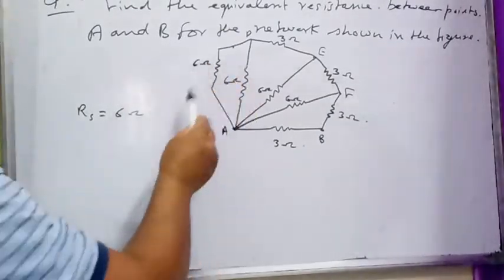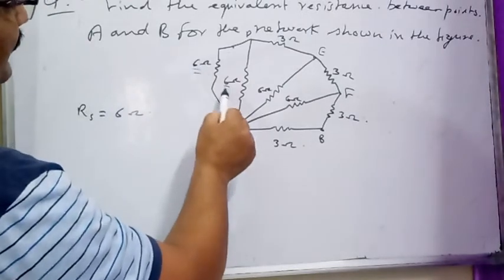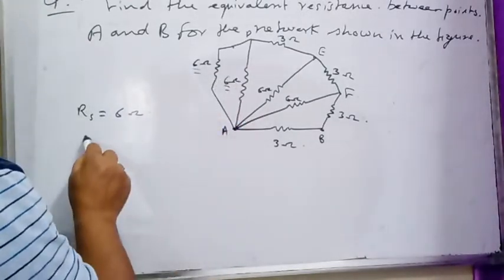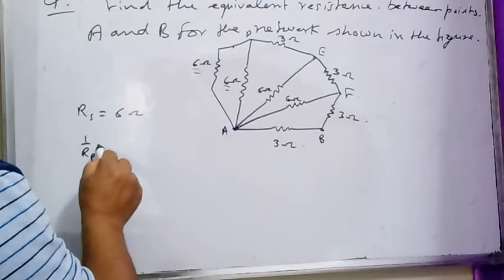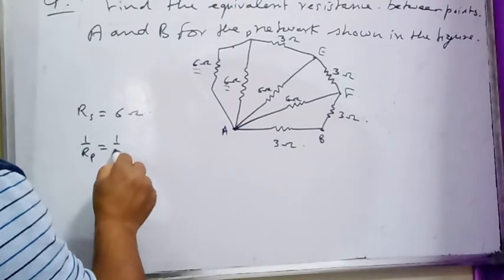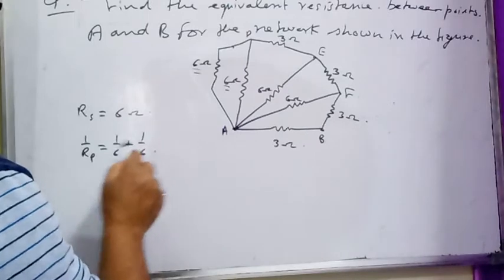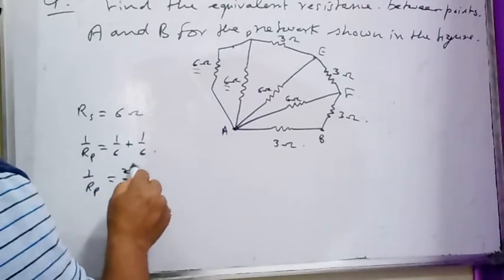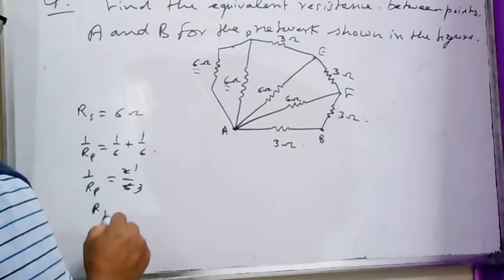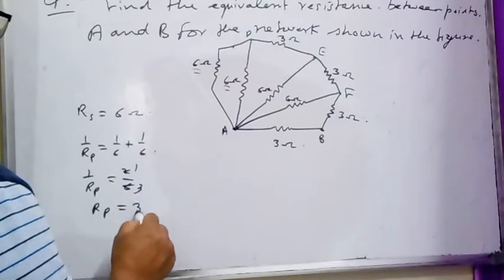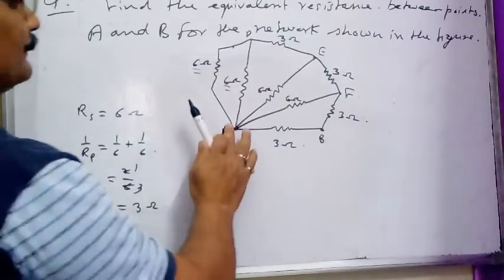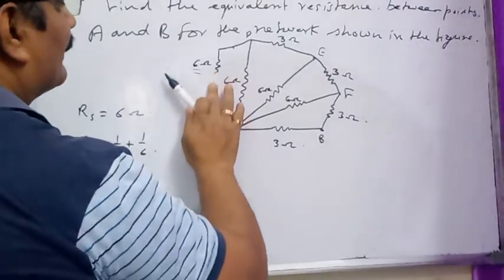Now you can see these two 6 ohm resistors are in parallel. So what is the equivalent resistance? 1 by Rp equals 1 by 6 plus 1 by 6, means 1 by Rp equals 2 by 6, and Rp is going to be 3 ohm.